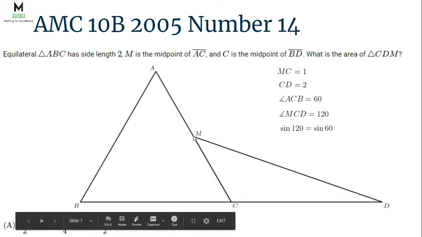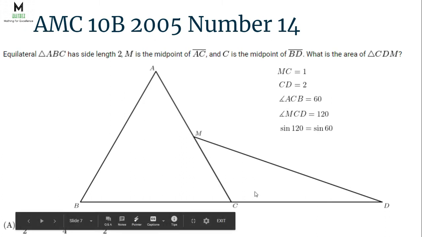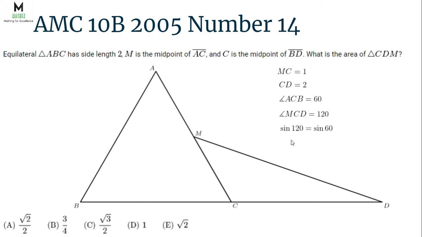In this case, if we drop an altitude from here to here, we'll see that sine 60 is equal to this opposite height over the hypotenuse. But that's pretty obvious. However, if we take 120 from here, and we still look in that kind of respect, the height will still stay the same. And technically, this is still the hypotenuse. So the opposite over the hypotenuse would still be the same. That's why we get sine 120 is equal to sine 60.